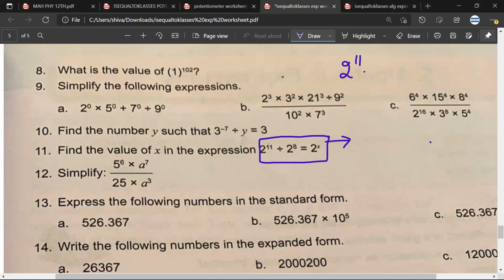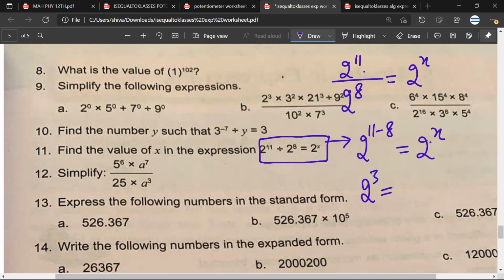So 2 raised to power 11 upon 2 raised to power 8 equals 2 raised to power x. So 11 minus 8 equals x. What next? 11 minus 8 is x.